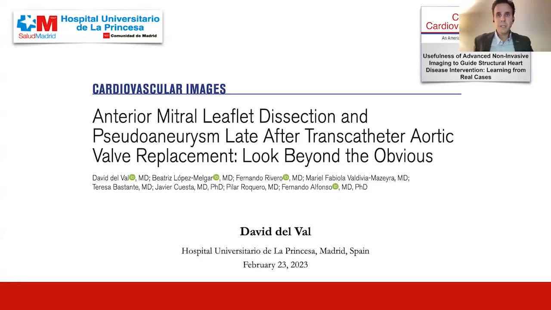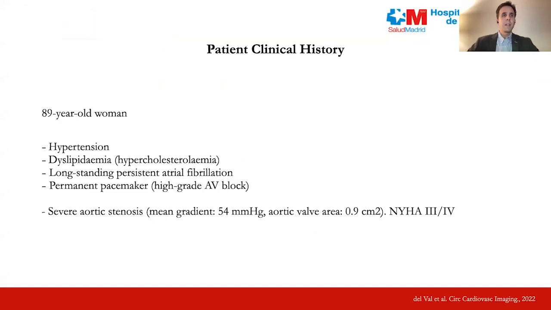So good evening from Spain, and thank you very much to the organizer for allowing me to participate in this interesting webinar. I'm David Del Val, interventional cardiologist at La Princesa Hospital in Madrid, and I would like to present you this case of anterior mitral leaflet dissection and pseudoaneurysm late after TAVR. It's about an 89-year-old woman with a clinical history of hypertension, dyslipidemia, long-standing persistent atrial fibrillation.